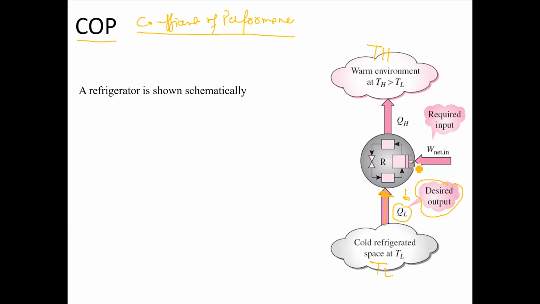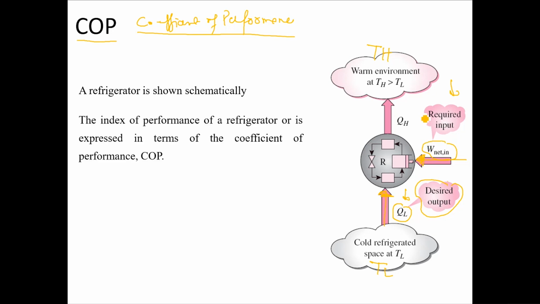And in order to achieve the desired output, you have to do work on the compressor. This is work net input into the compressor. This is required input. If you don't have a compressor, the refrigerator would not work. So you define the index of performance as coefficient of performance, which is desired output over required input.